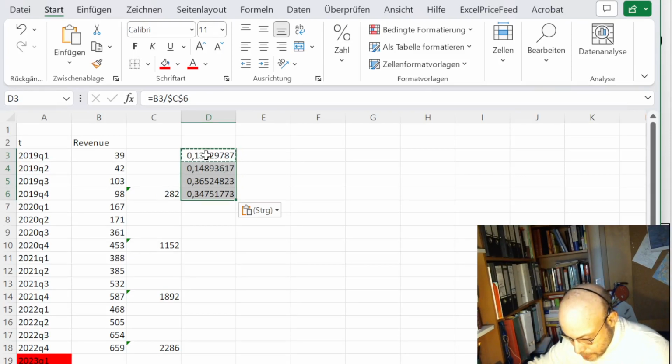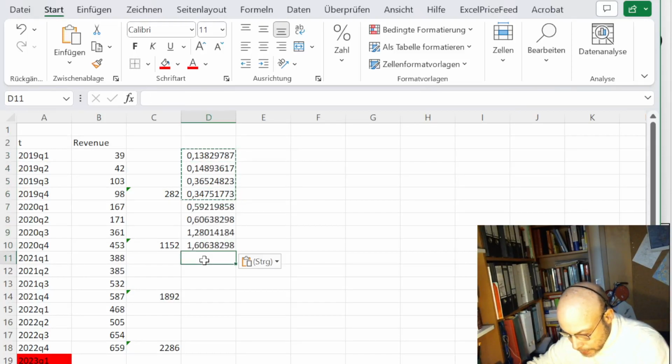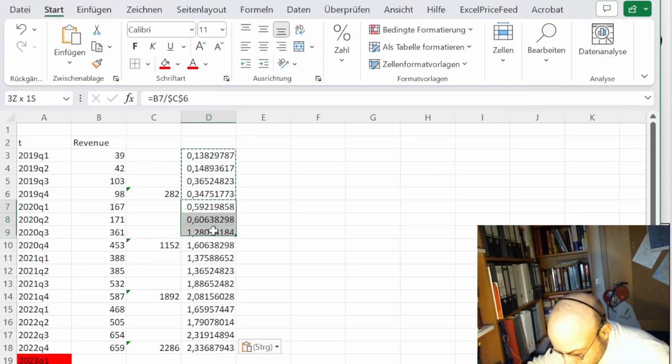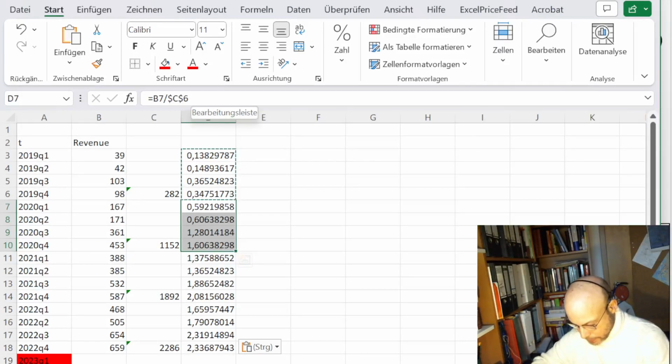and this one we have to do for all 4 years, but of course in this case we have C6, but this has to be C10.